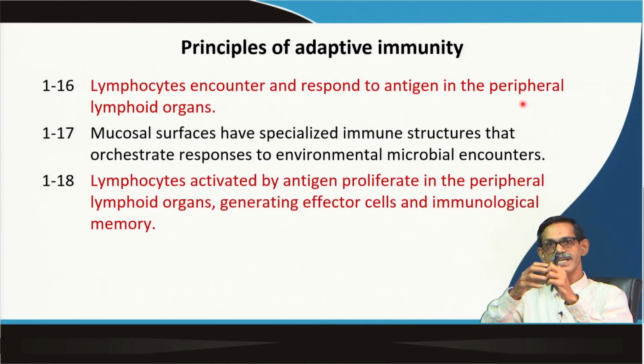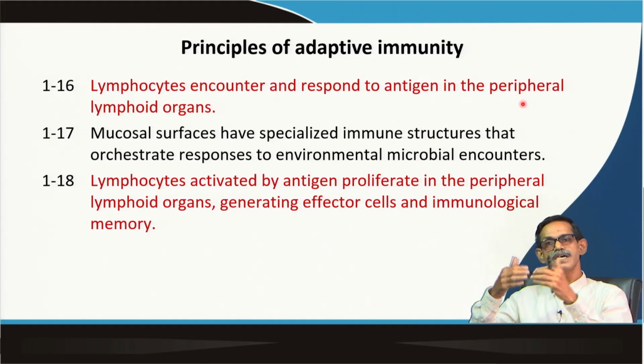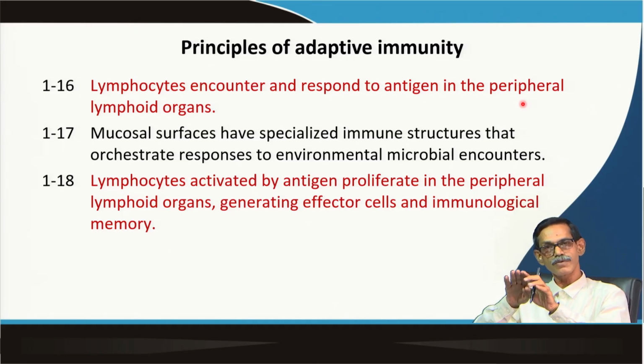Once they interact, they proliferate into a larger number, and in the peripheral lymphoid organs they generate effector cells. Some cells combat the pathogen invasion or kill them, and some of the proliferated effector cells convert to memory cells.